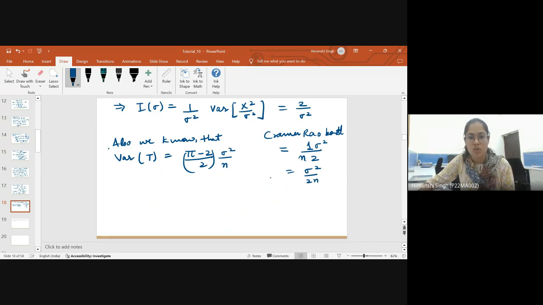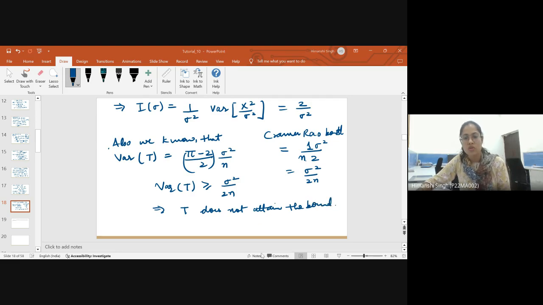Okay. So we can see that the variance of t is pi minus 2 by 2 times sigma square by n, and pi minus 2 by 2 is a quantity greater than 1 half. So this quantity is greater than or equal to sigma square by 2n. So this implies that t does not attain the bound.